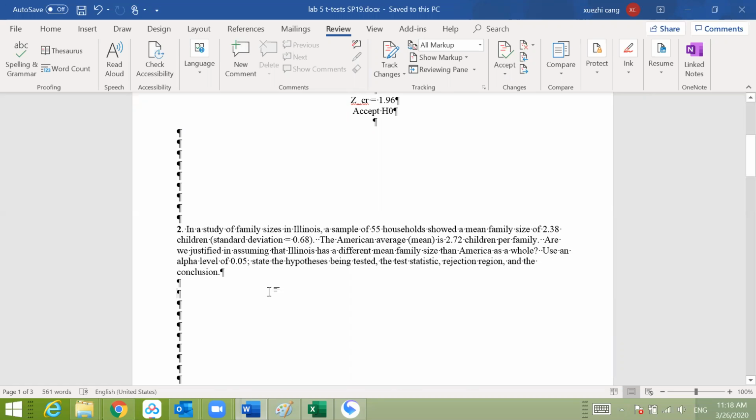If it is, then we can see that the average of Illinois minus the average of the whole country is 0 or a very small number.